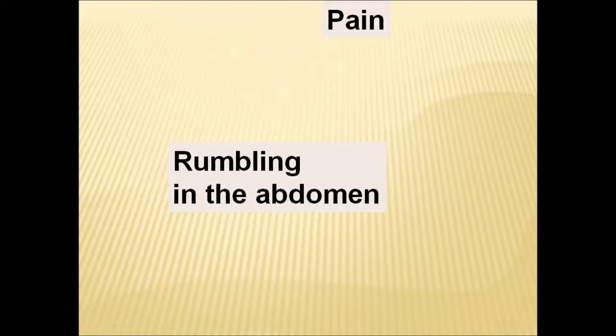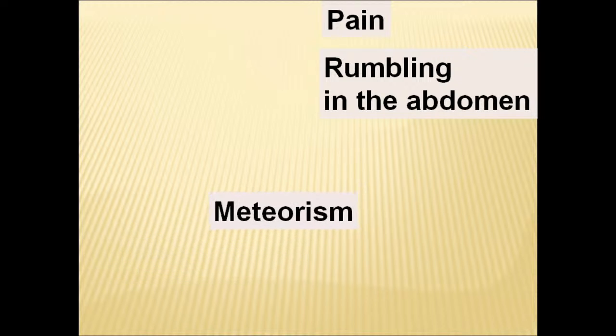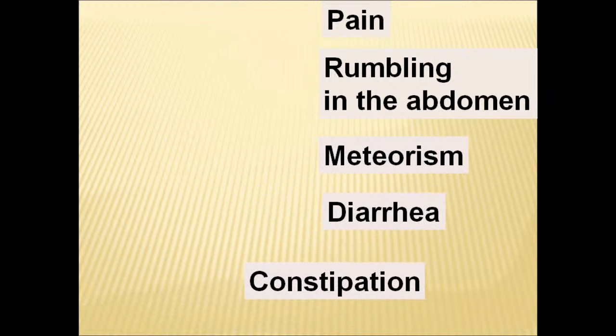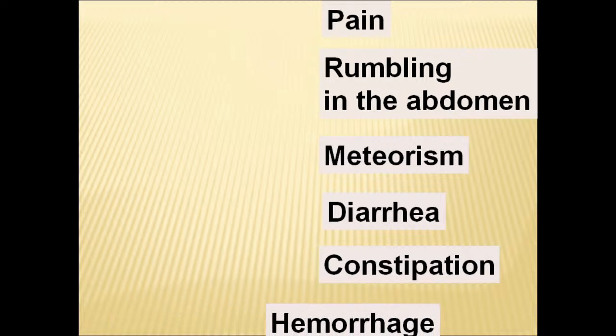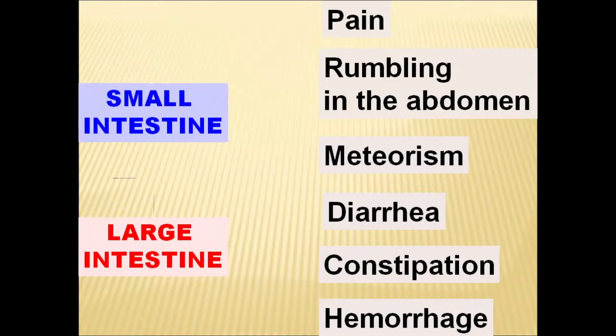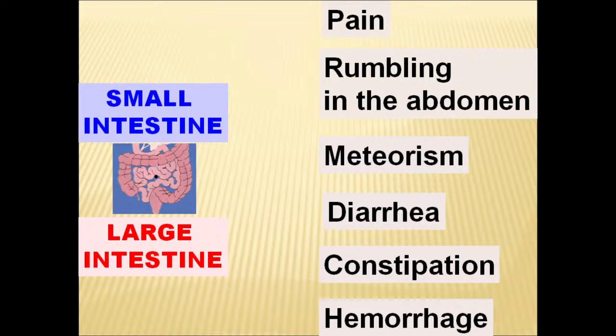Now I want to separate all problems about which we spoke in the last lecture and today into two groups. Problems which are more characteristic for pathology of the small or large intestine, because on the exam, when you answer questions on active inquiry of a patient with intestinal disease, you will obligatorily be asked about small or large intestine problems.